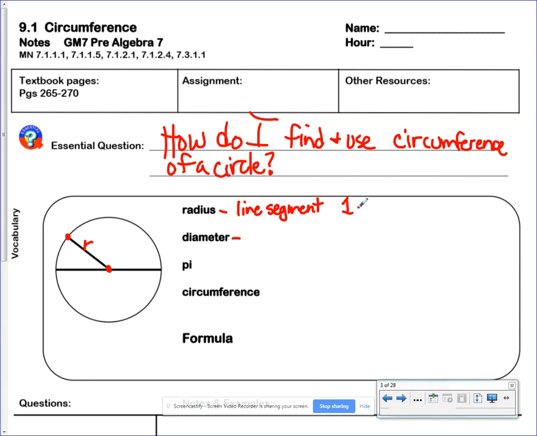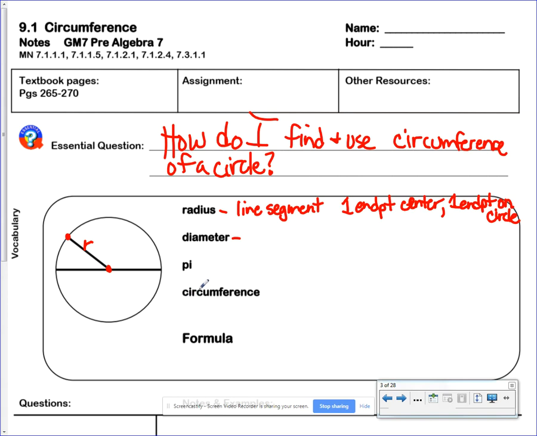One endpoint, and I'm going to abbreviate endpoint as ENDPT, is at the center of the circle, and the other endpoint is on the circle. So that's what the radius is, okay? From the center, it could be drawn anywhere as long as it reaches the circle itself. And that's what a radius is.